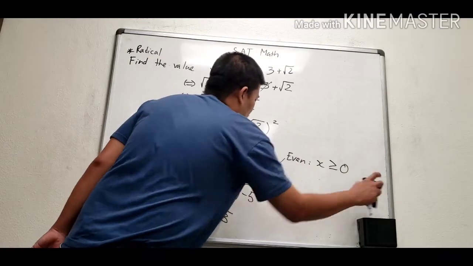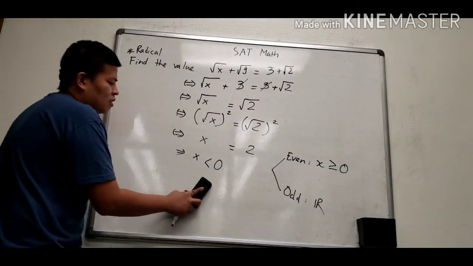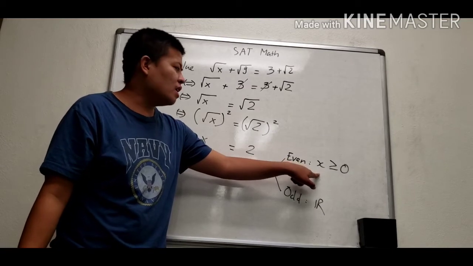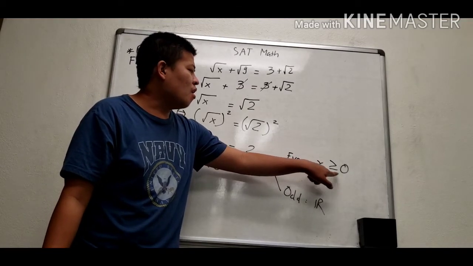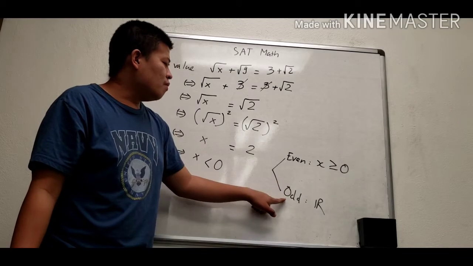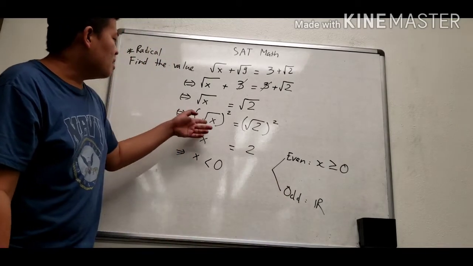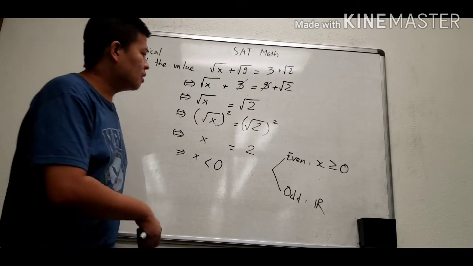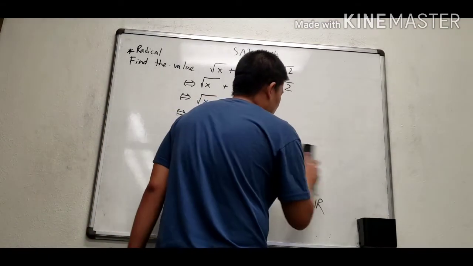So that's why we need to learn that in the even radical, the domain is s more than or equal to 0. If they have an odd root in the s, they can allow any real number. That's why we need to learn about that.